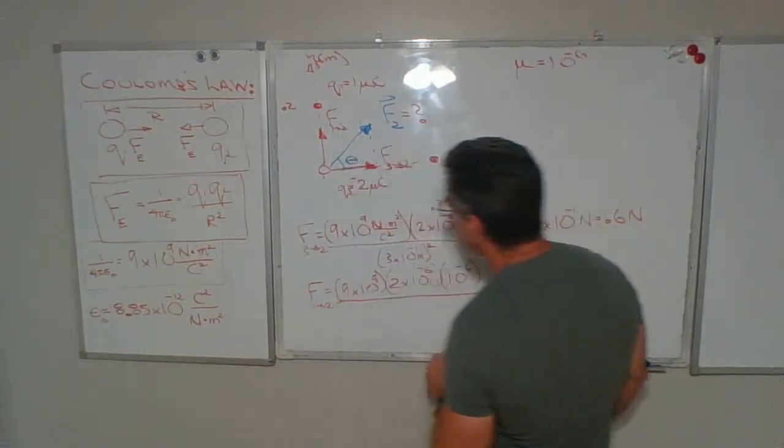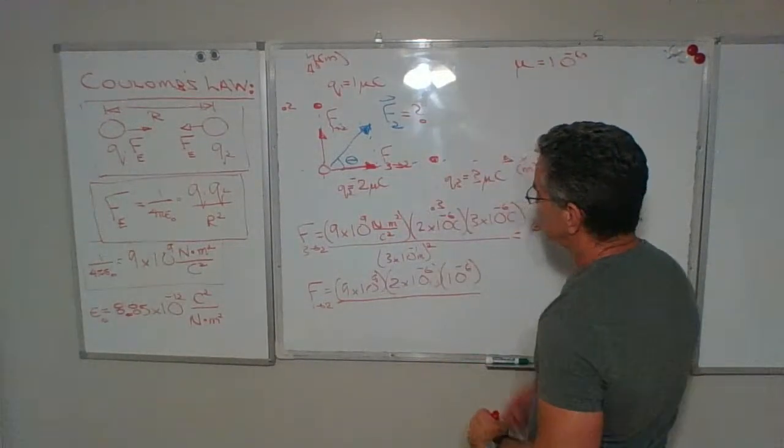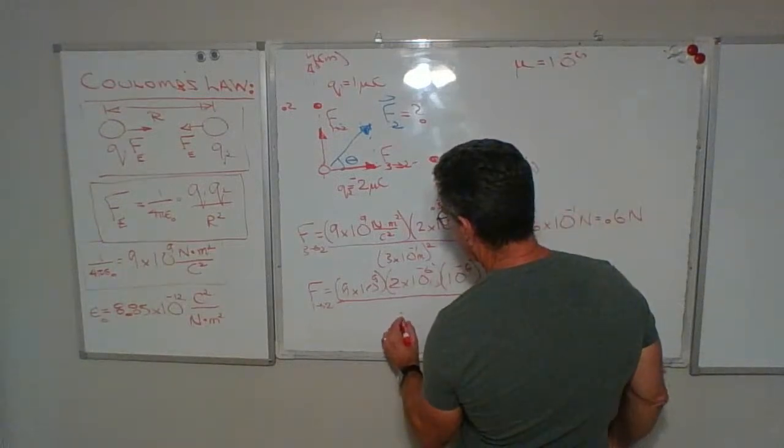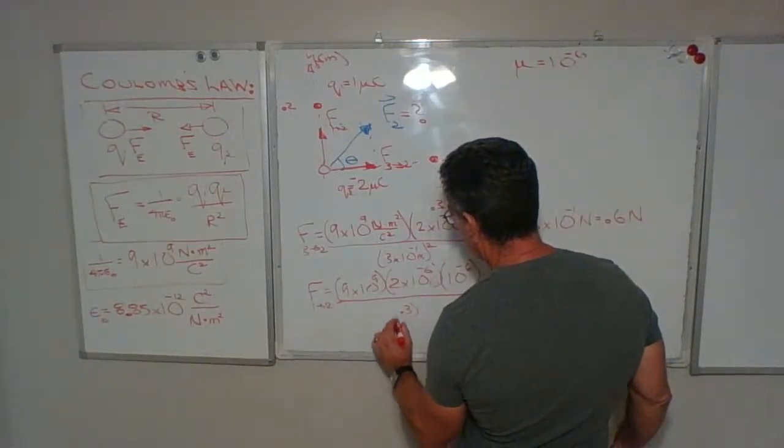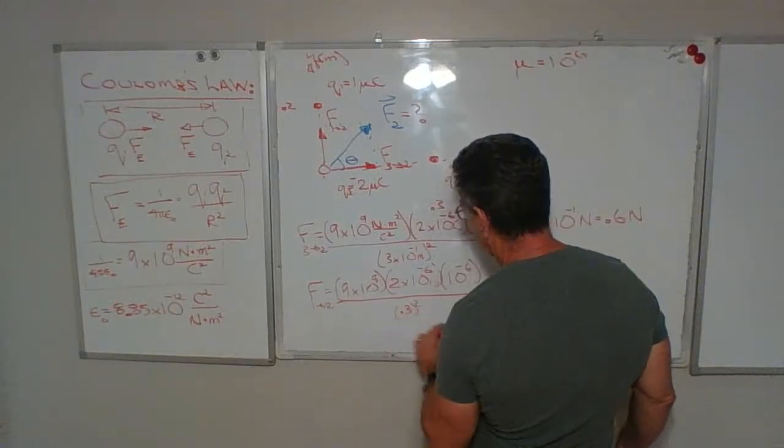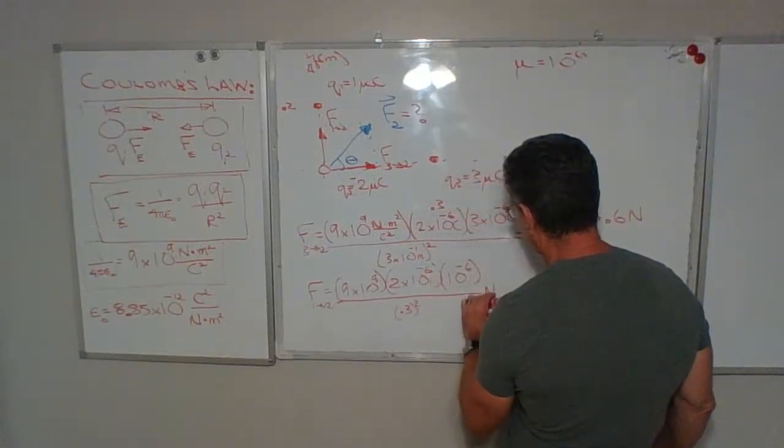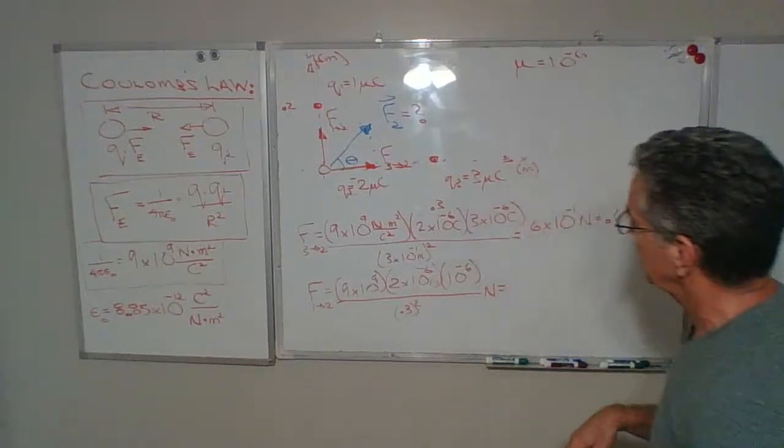And then we divide all of that by the separation distance of 0.3 squared. And remember, the units here are newtons. We've already figured that out from the top one here.